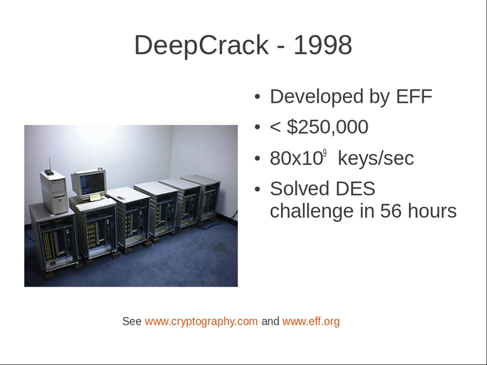It does a 56-bit key in about 56 hours, so it does a 56-bit key in 2 days. It was successful because at that time cryptography was quite strong. A 56-bit key was strong. So this was a case where attacks could be quite cheap as well.